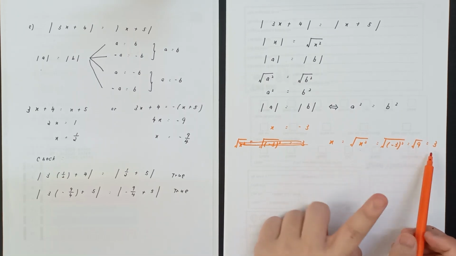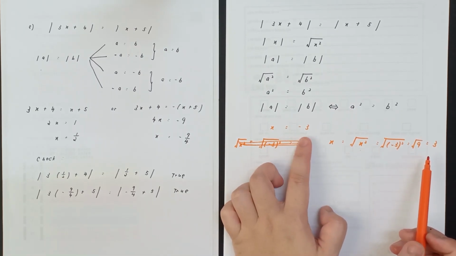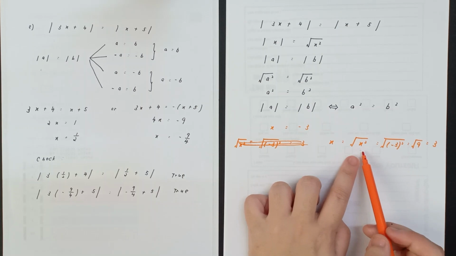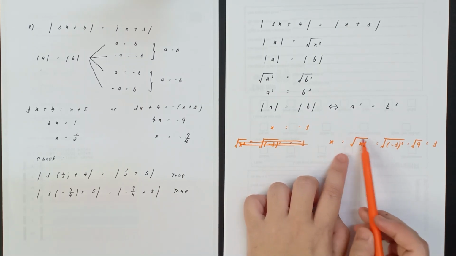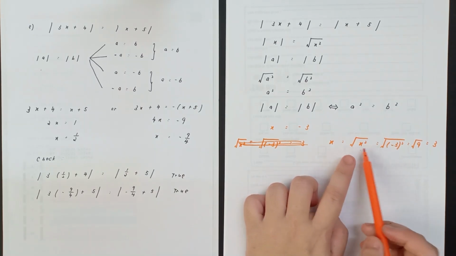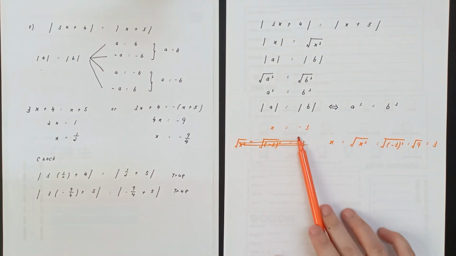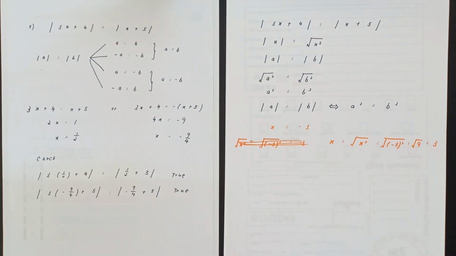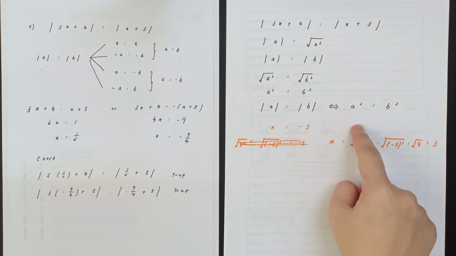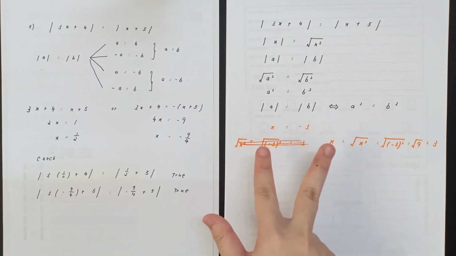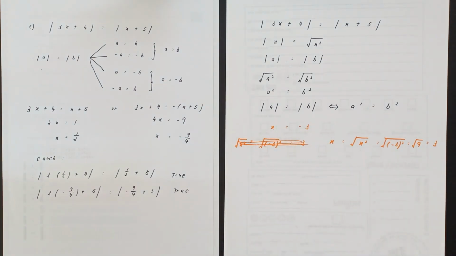Is x equals 3? No, x is actually negative 3. Because we substituted it inside and did the square root, we eliminated the chance of getting a negative. So x equals negative 3 and x equals 3 is a totally different story. That's why you can only use this method when you have modulus on both sides, meaning both sides are positive answers.